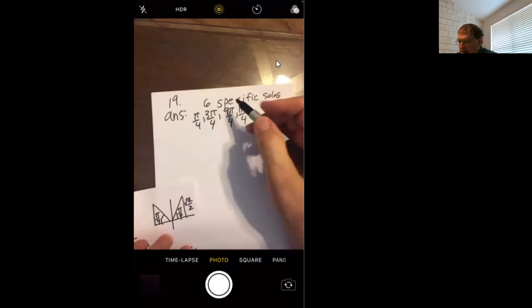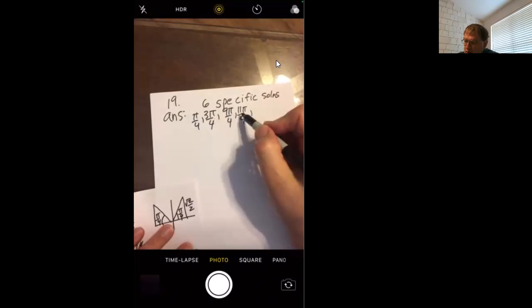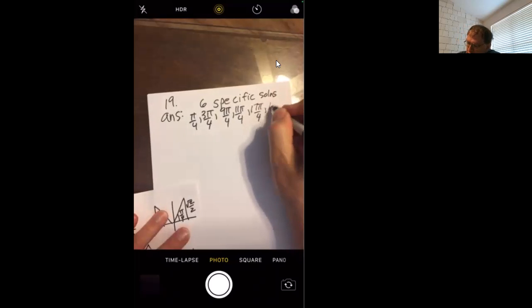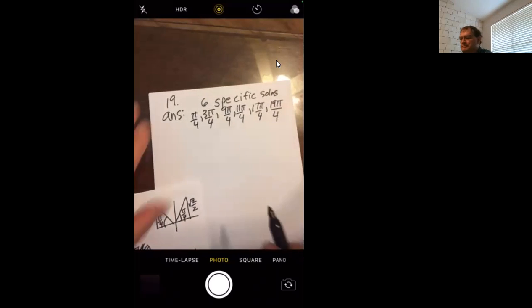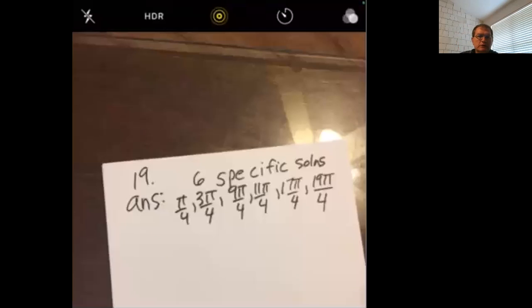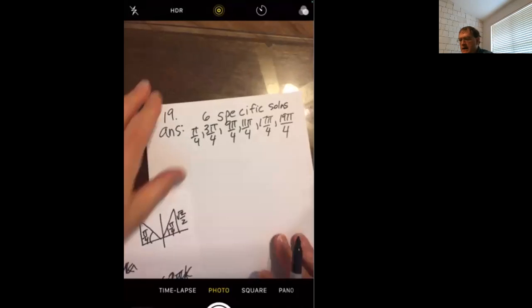Then adding 8 pi over 4 again is 17 pi over 4, and there is a 2 pi over 4 difference, so 19 pi over 4. Okay.